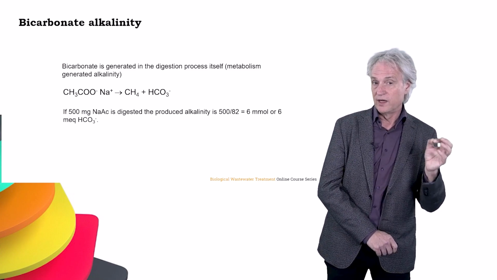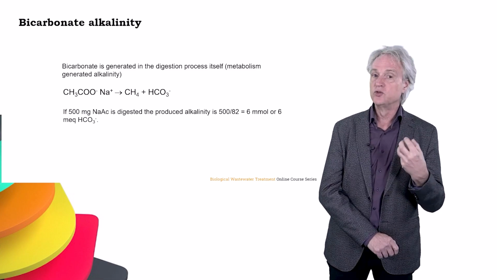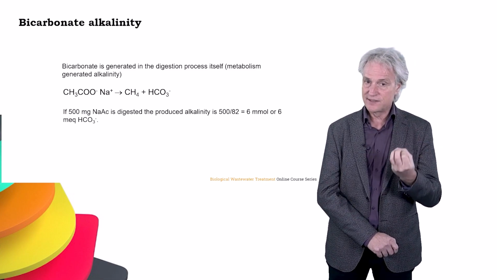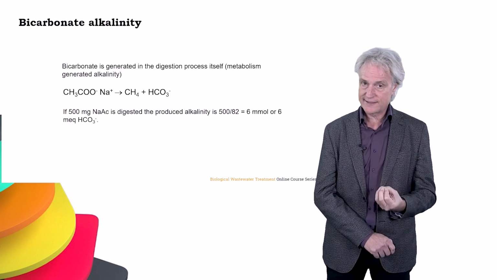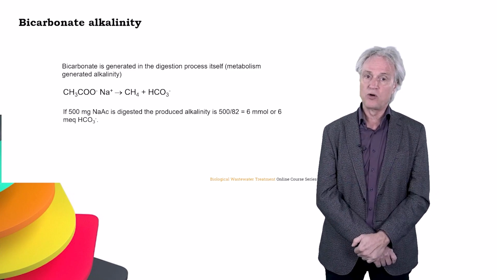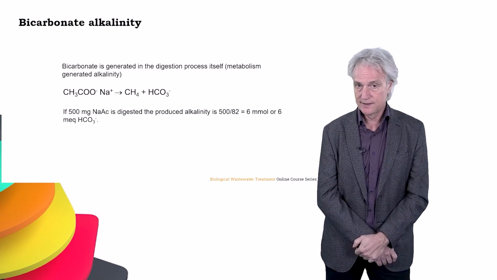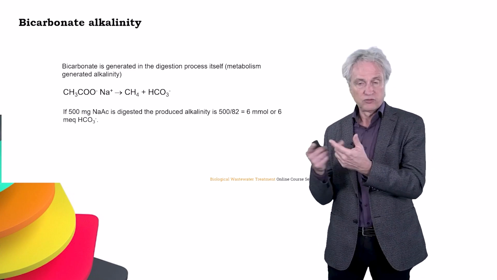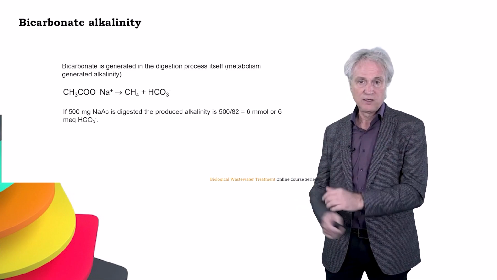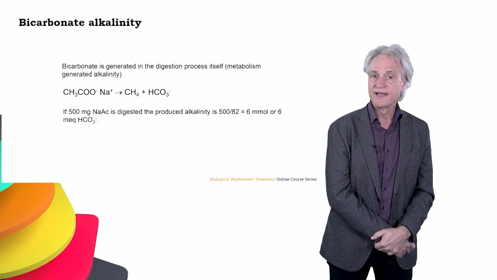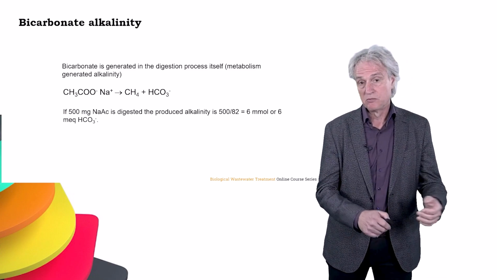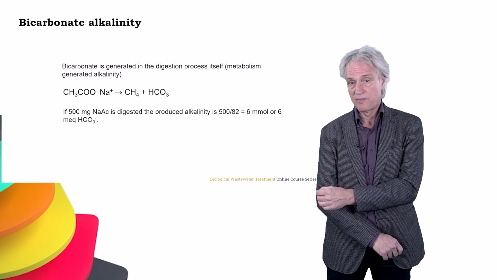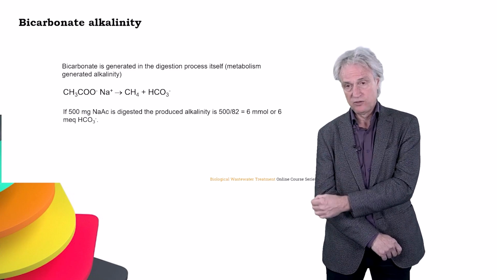It has to do with the fact that we operate our anaerobic reactor under neutral conditions. So the acetate is not present in the form of acetic acid, but in the form of ionized acetate. Converting acetate at pH 7 or 7.5 to methane means that we are converting acetate ion, maybe counterbalanced by sodium, to methane and bicarbonate, not to CO2.